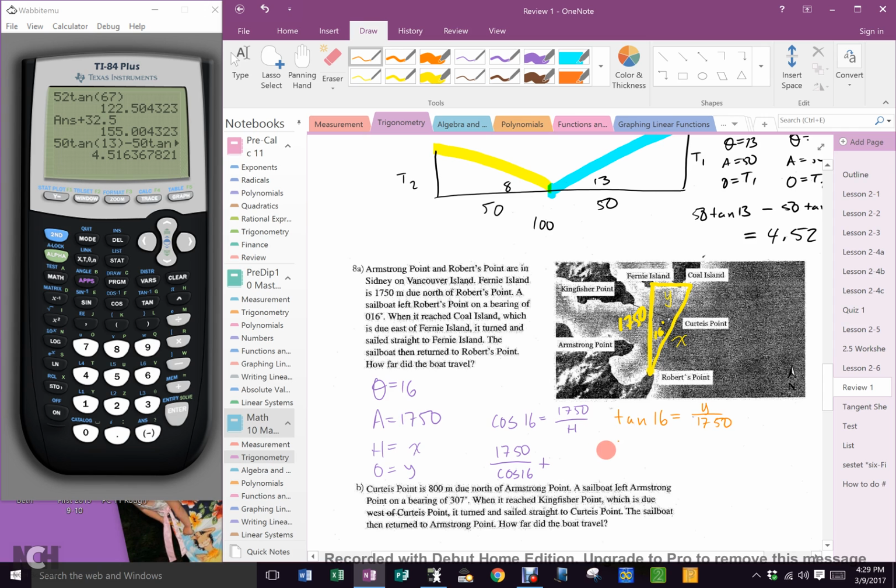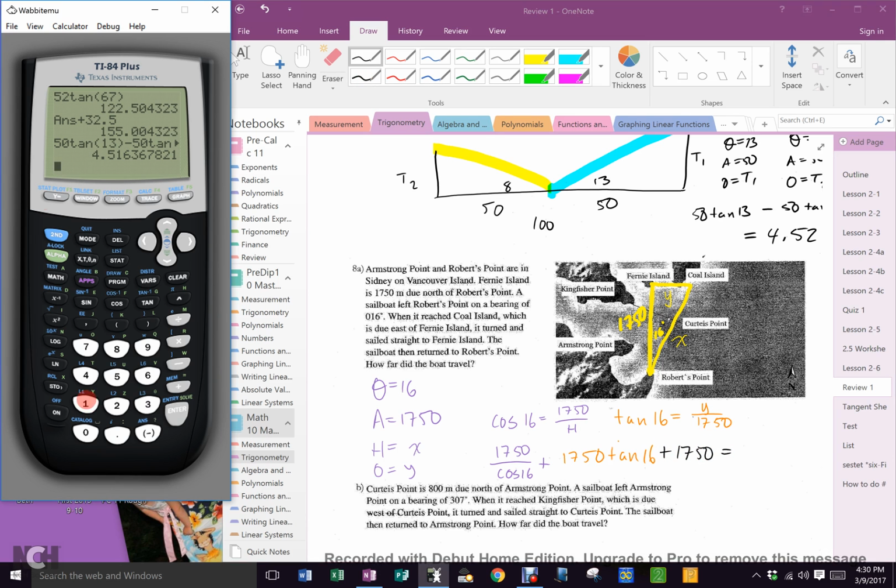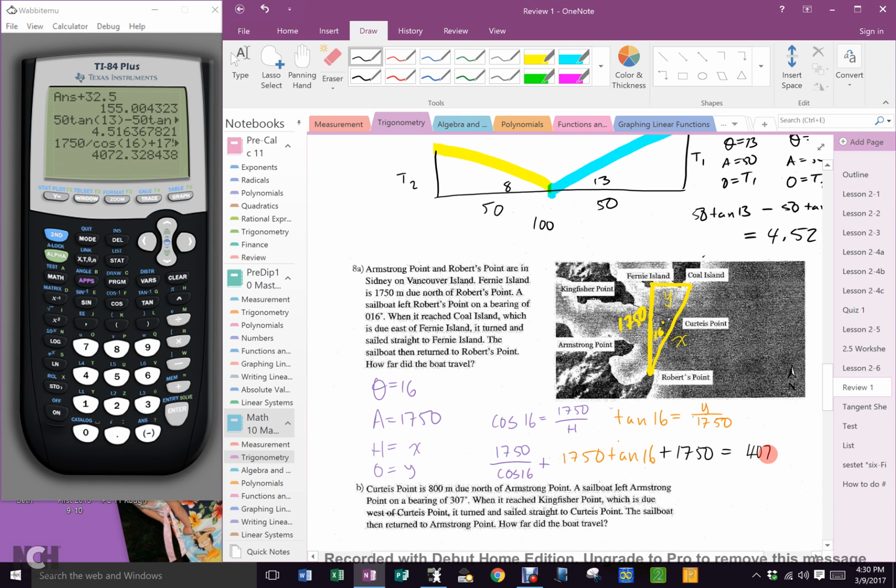So that is 1750 tan 16. That's the first side, that's the second side. And then I just have to add the 1750 to get a final answer. So 1750 divided by cos 16 plus 1750 times tan 16 plus 1750. And I get 4,072.